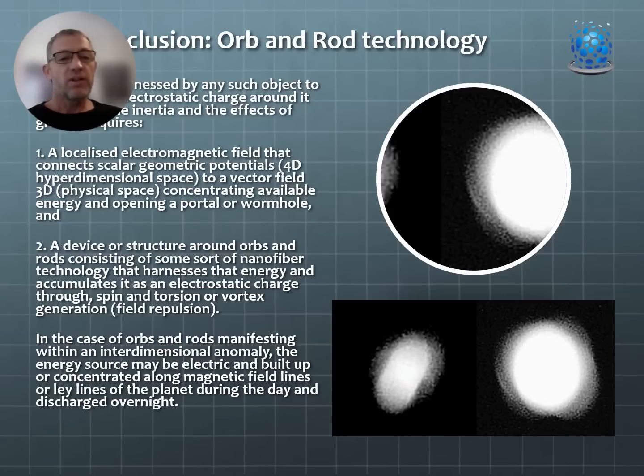So here we have the conclusion that we've got 4D scalar electric potentials involved in transferring energy into a three-dimensional vector field in physical space, and that there's a relationship between interdimensional anomalies and the manifestations of orbs and rods in that regard.